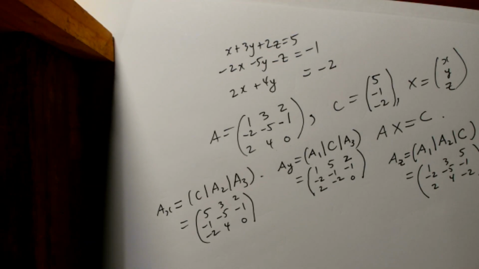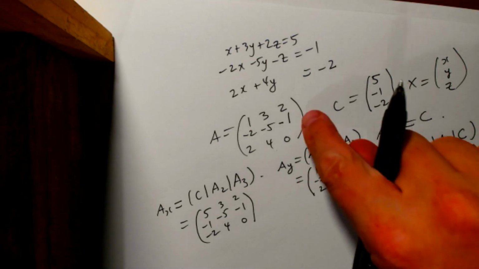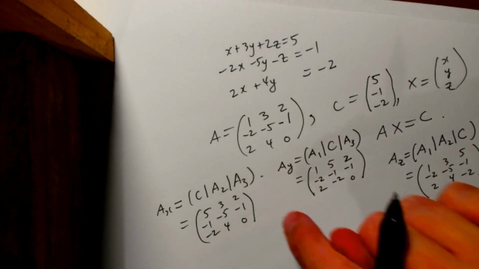Now Cramer's rule requires us to calculate the determinant of this matrix because it goes in all of the denominators.